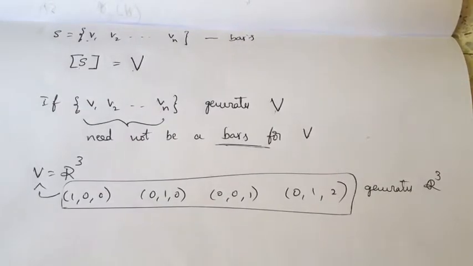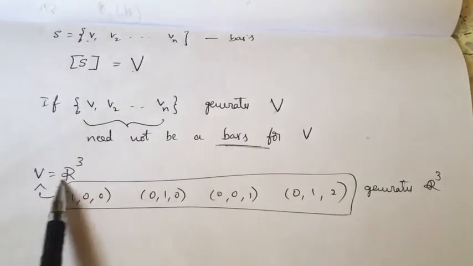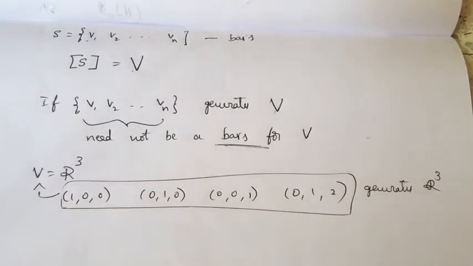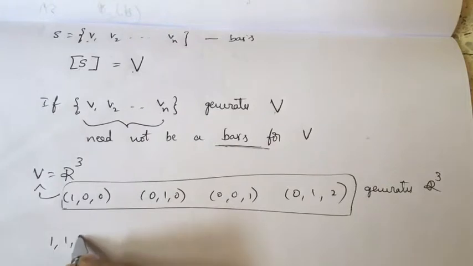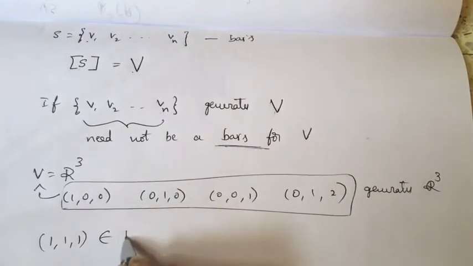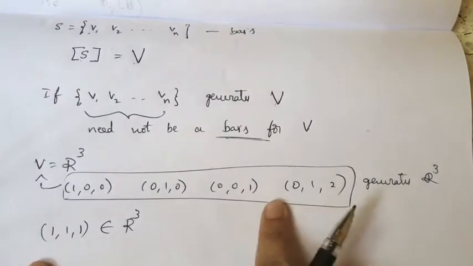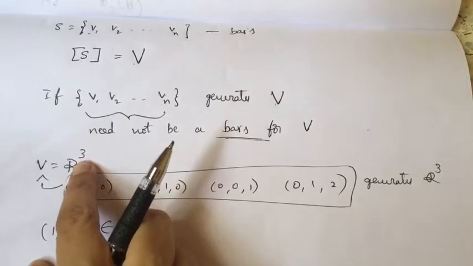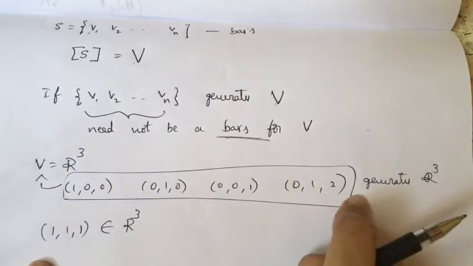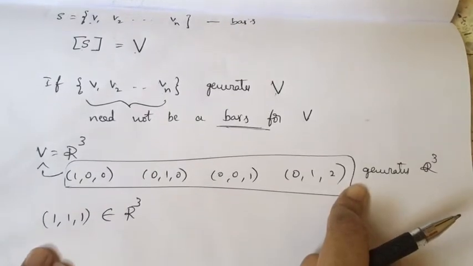Now, I'm saying this need not be a basis for R3 because, see, the element 1, 1, 1 is in R3, right? To say this forms a basis, every vector in R3 should be a linear combination of this, and that representation has to be unique, right?